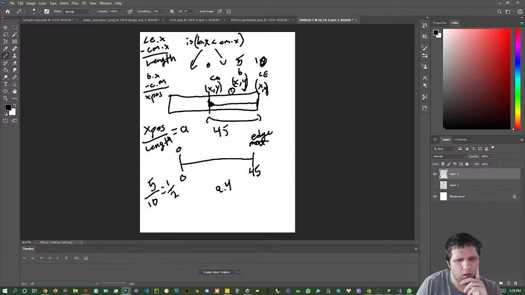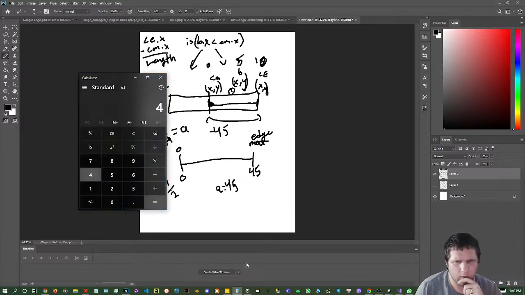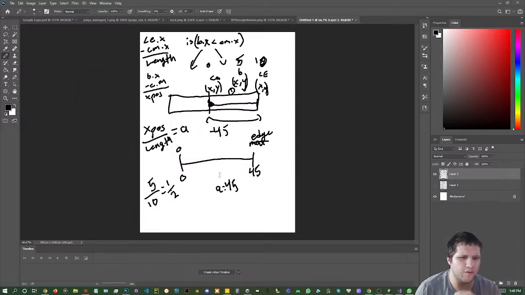So then A times 45. Actually, this would be negative 45. So A times negative 45. And so in this case, it would be 45 times 0.5, which would be 22.5.